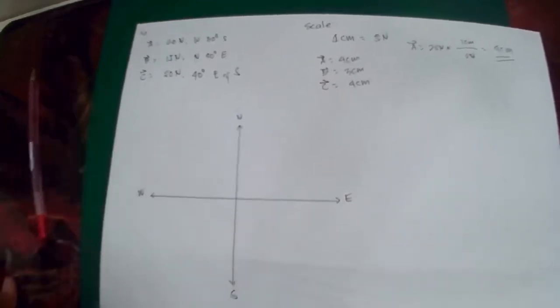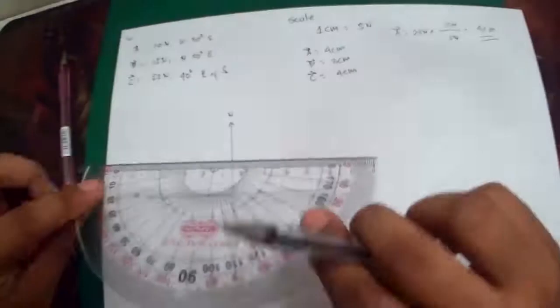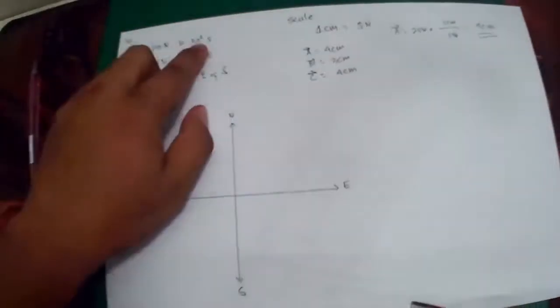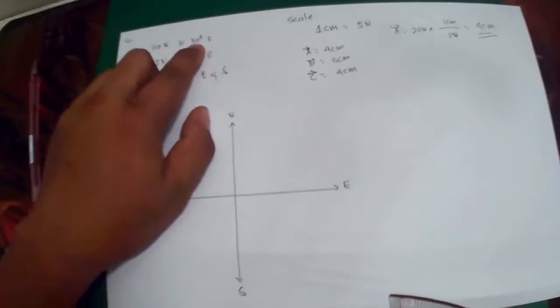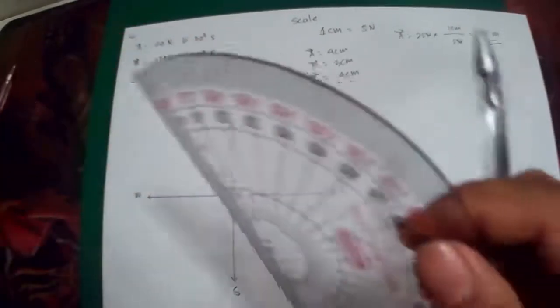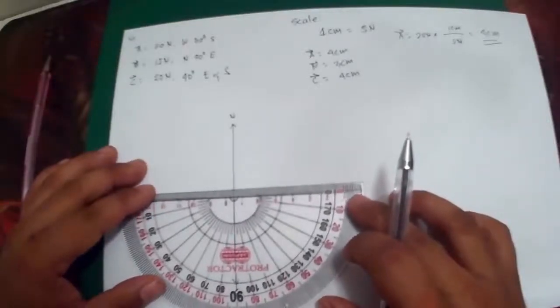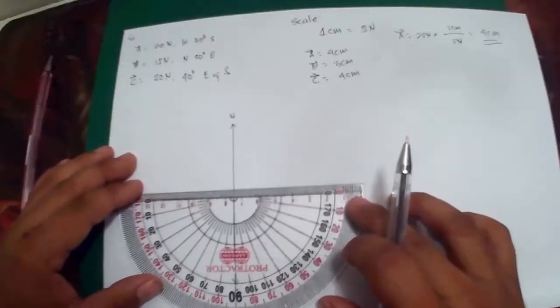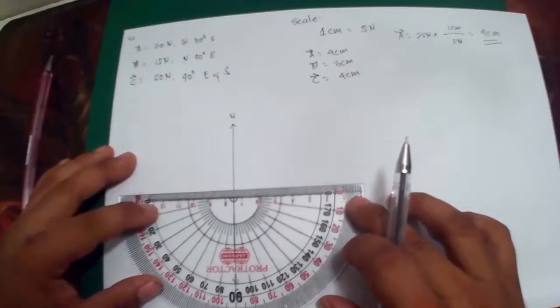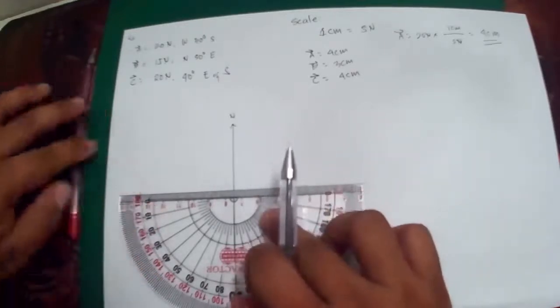How to graph that? We will use our protractor to get or to illustrate first the angle. So let's try to locate first where this 30 degree is located. We will put our protractor.